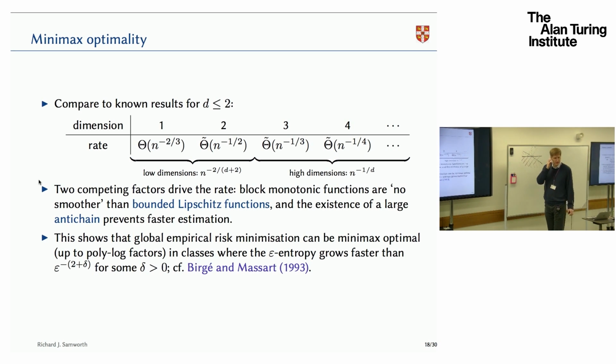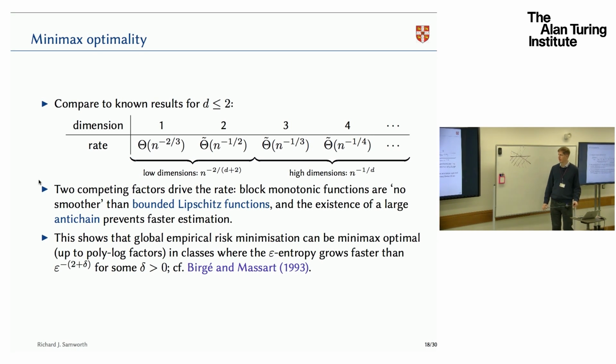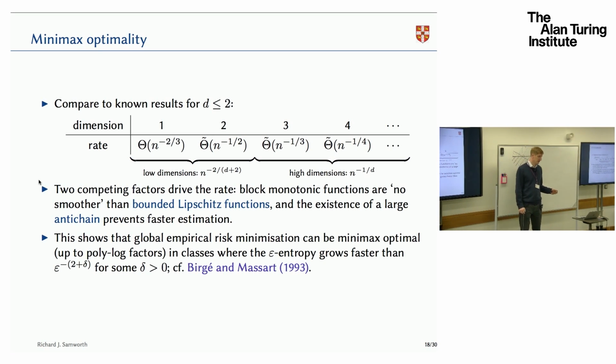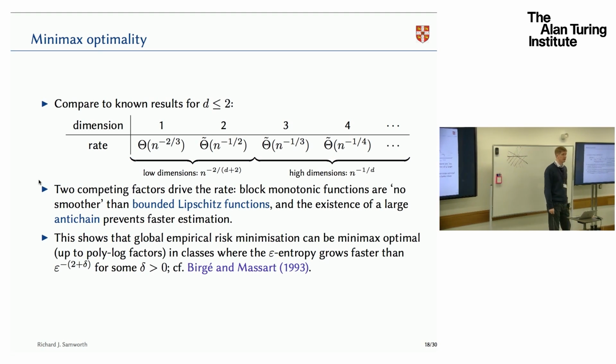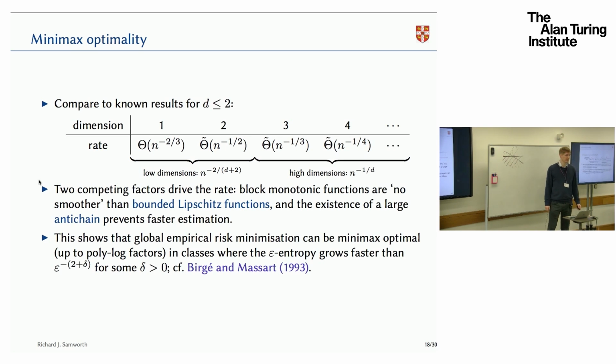And the other particularly surprising thing about this result, which for people who know a bit about empirical processes has come as a really big surprise, is that we're seeing that a global empirical risk minimization procedure, just ordinary least squares, can be minimax optimal, at least up to polylogarithmic factors, even over classes where the entropy integral diverges at some rapid rate.